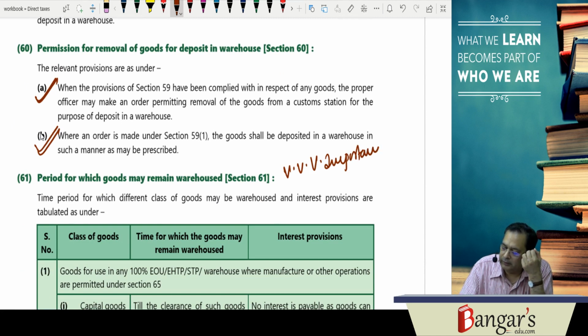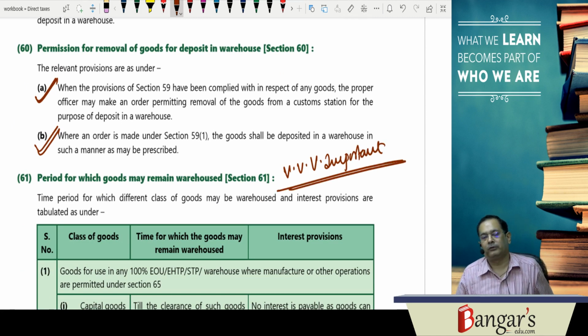what is the period for which the goods may remain in the warehouse.